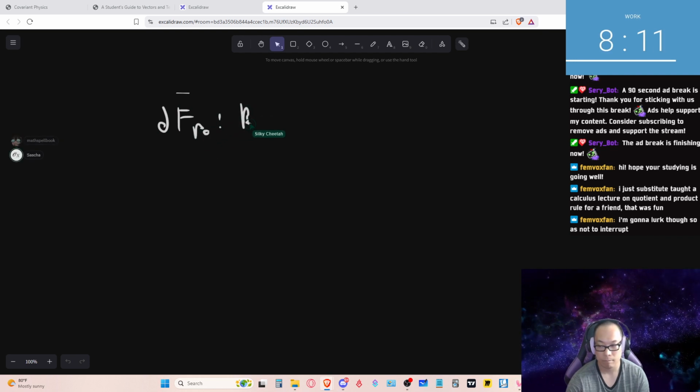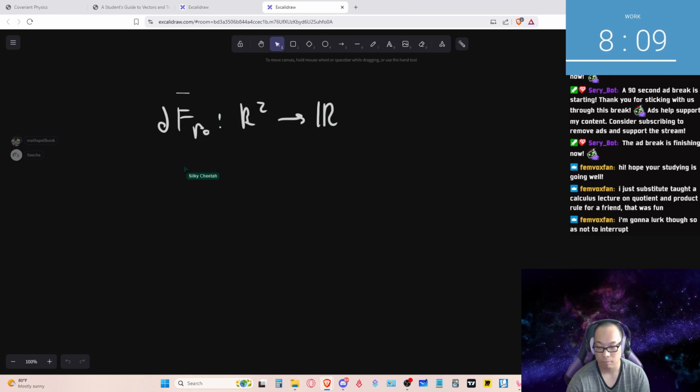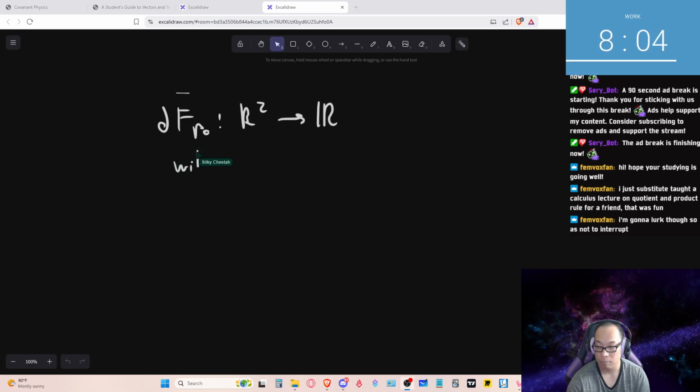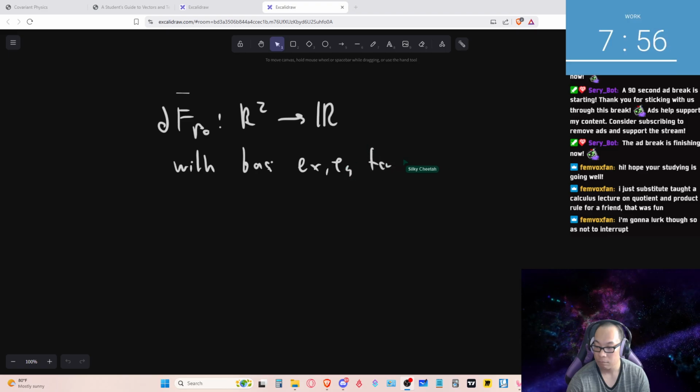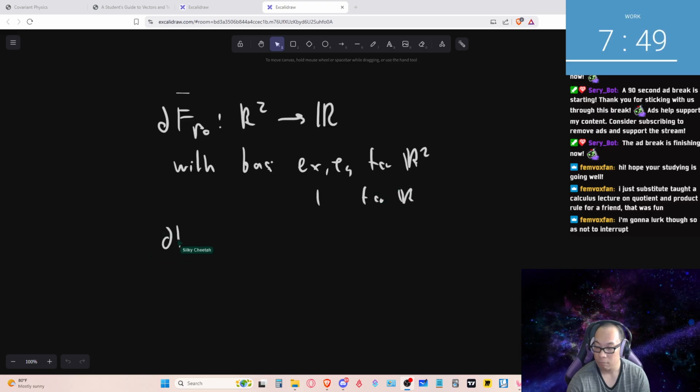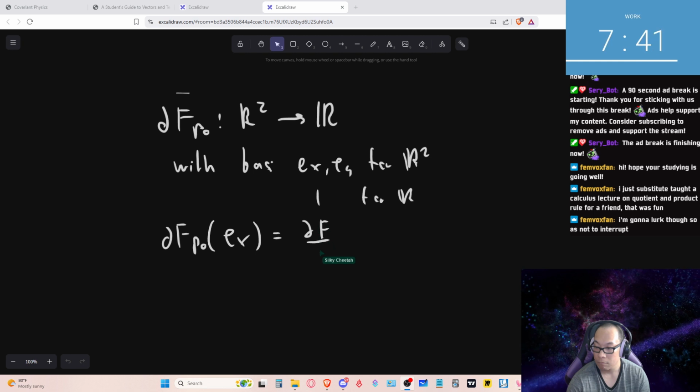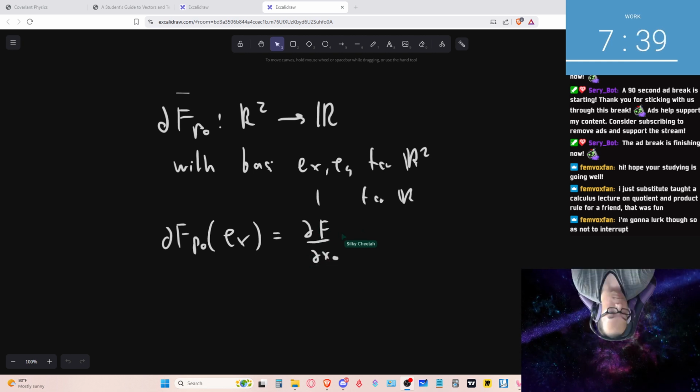As I said before, we have this map from R2 to R, and we took the basis e of x, e of y for R2 and 1 for R. And the thing we showed previously is that when I compute the differential at those basis vectors, I just get back the partial derivative, right?